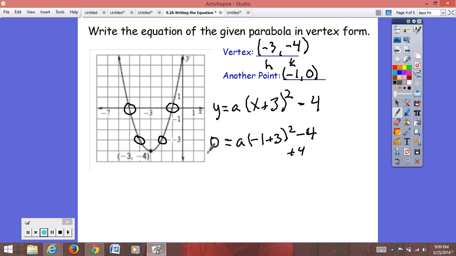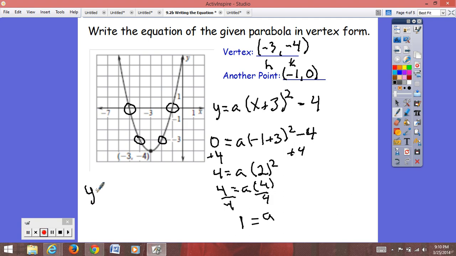Add 4 to both sides. 4 equals a times... -1 plus 3 is a +2 squared. So we get 4 equals a times 4. Divide both sides by 4 and we get a equals 1.